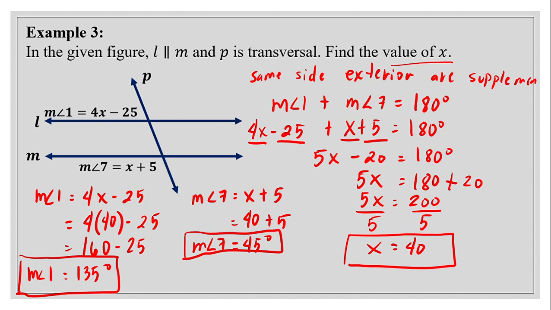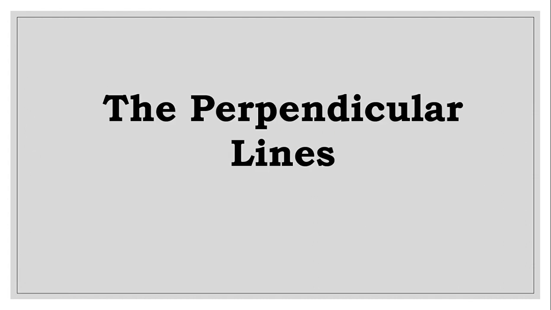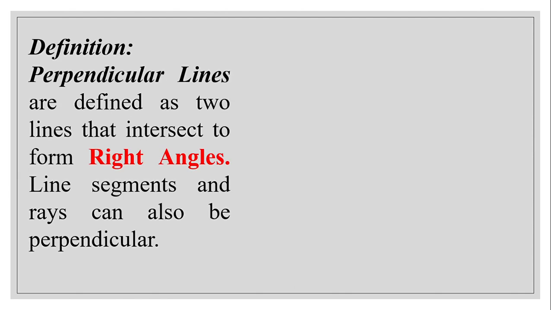Now, let's define the perpendicular lines. Perpendicular lines also happen if a transversal line cuts the parallel lines, and the angles formed are 90 degrees. Let us have the definition first.